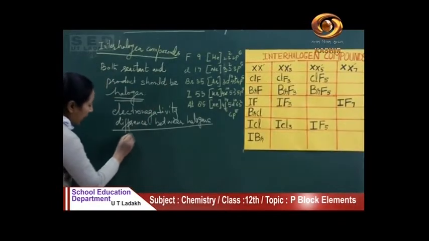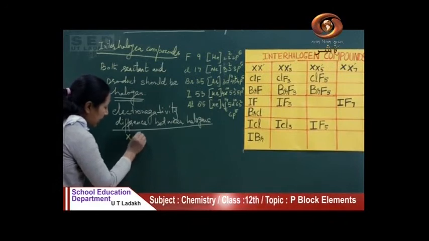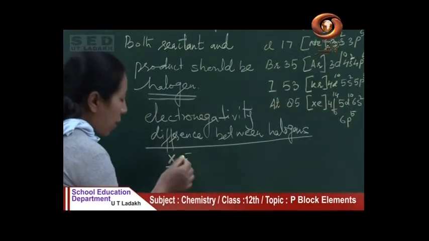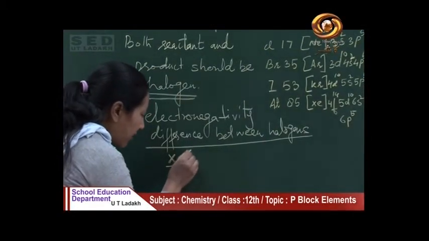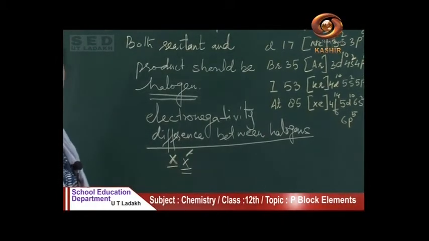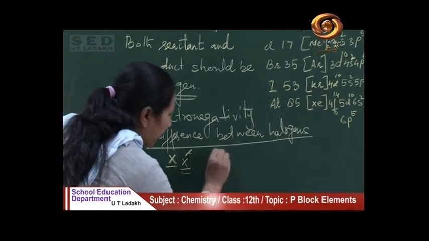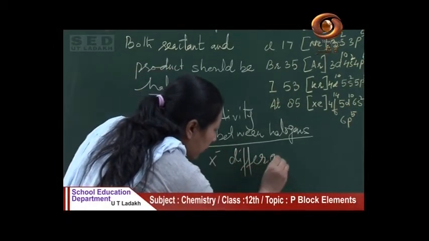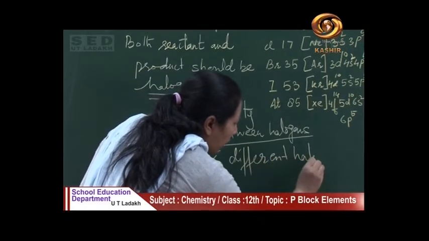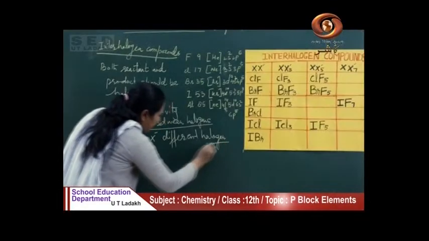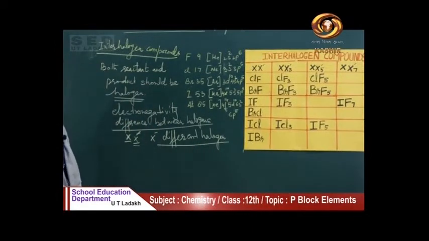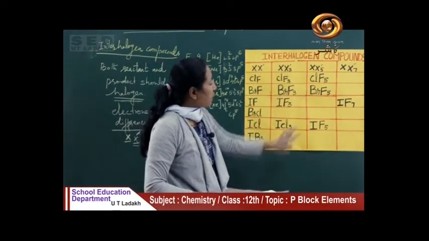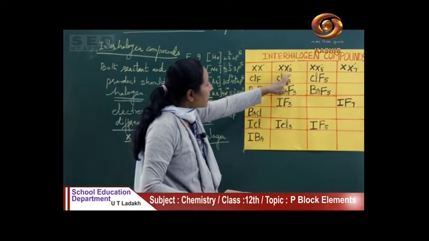In the case of X X dash, this is one halogen and this is another halogen. That is why we represent it as X dash. This is not X negative, this is X dash. X dash stands for a different halogen which has a difference in electronegativity. In all these four types, the electronegativity is different.